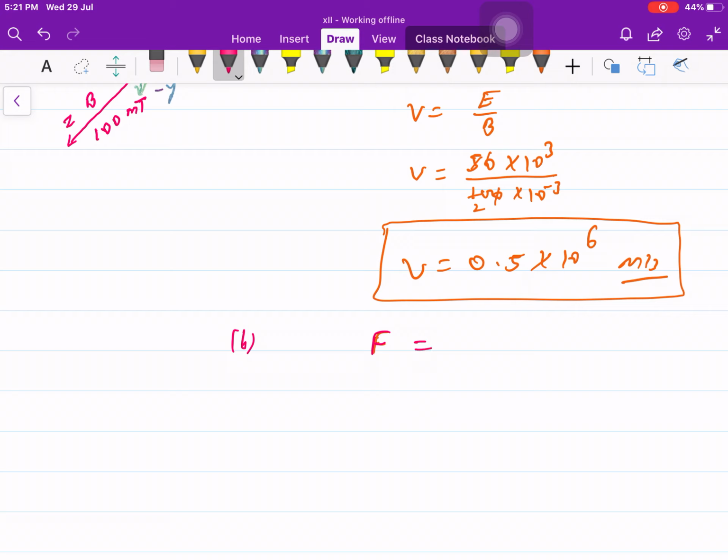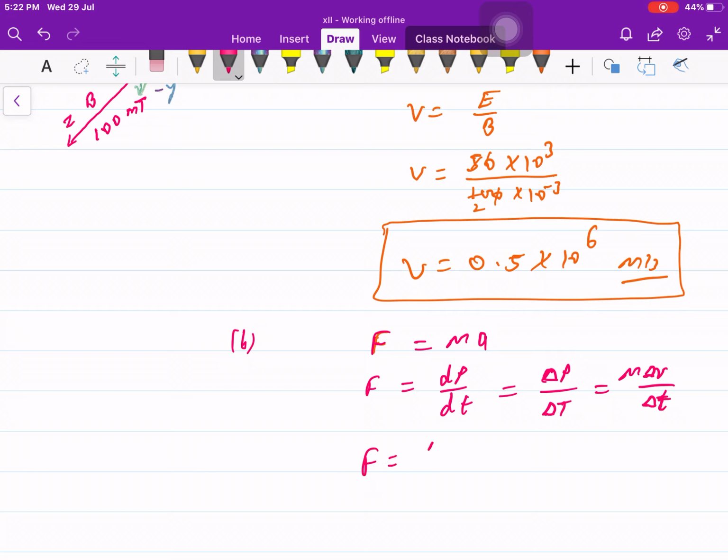We know this formula ma, but the very primitive formula, the very first formula, is dp by dt, rate of change of momentum, is called force. Or in other words, I can write delta p upon delta t, or this I can write like this: m delta v upon delta t. So I am going to use this.